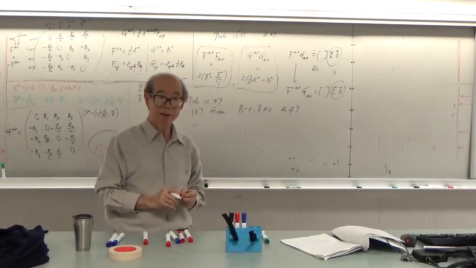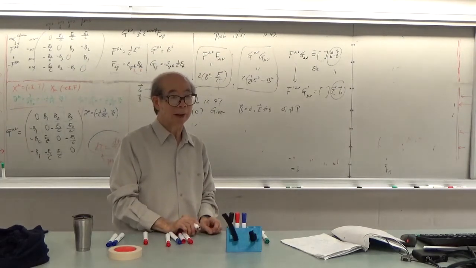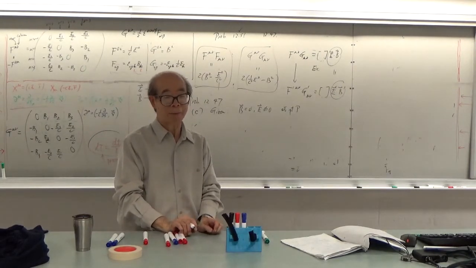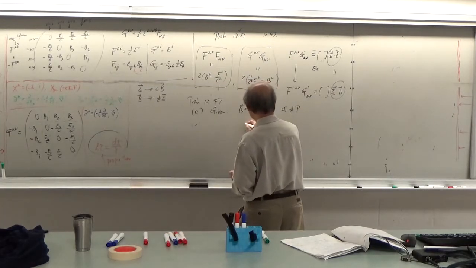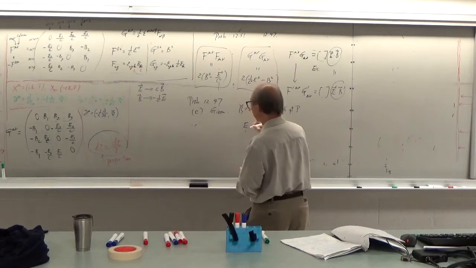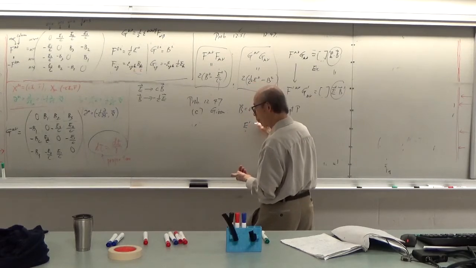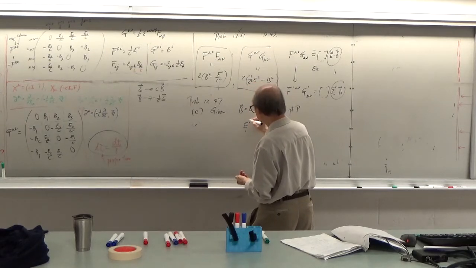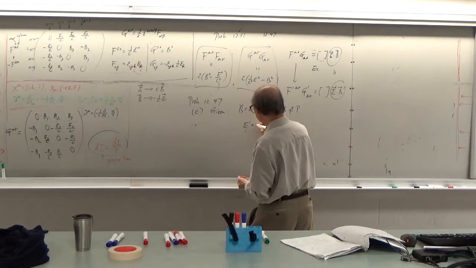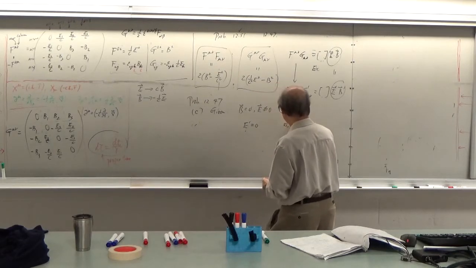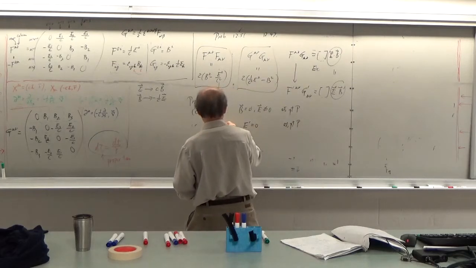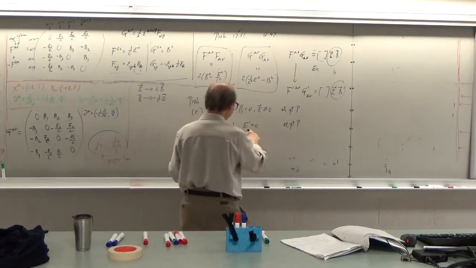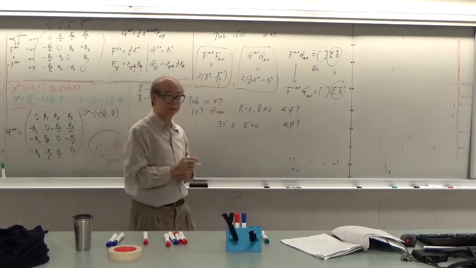The question is, can you find another frame of reference, let me call that frame the prime frame, such that E prime is equal to 0 at the same point, at point P? Can you find an S prime frame such that at that point the E field is 0?